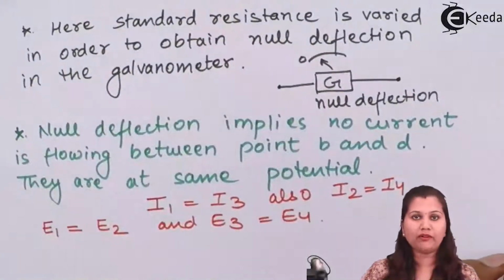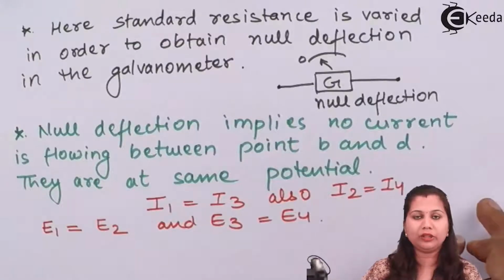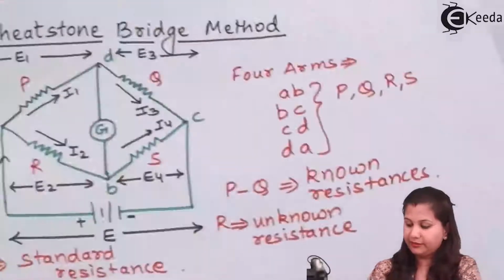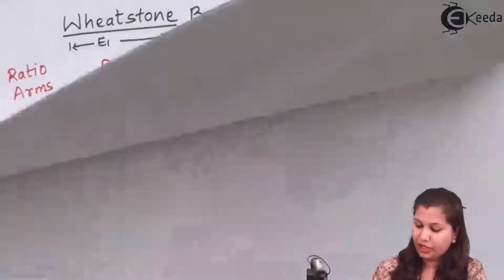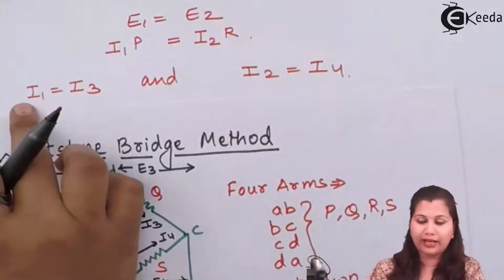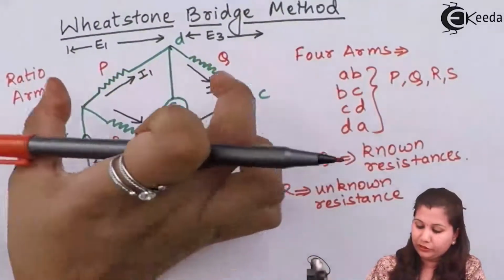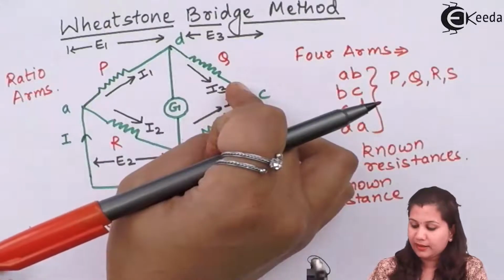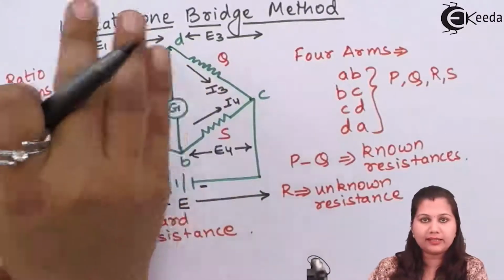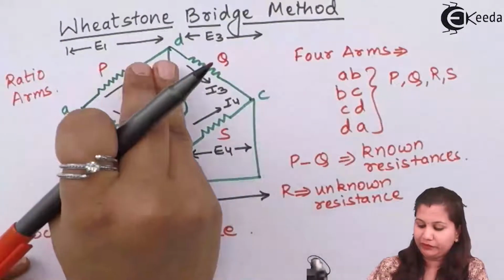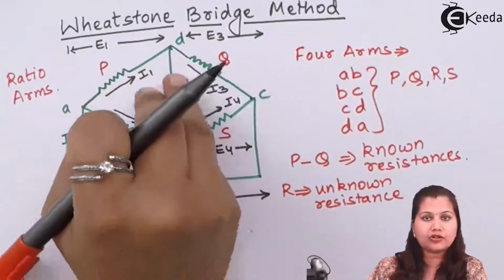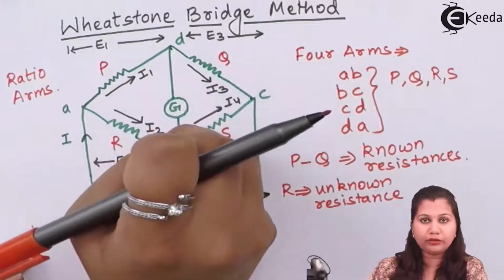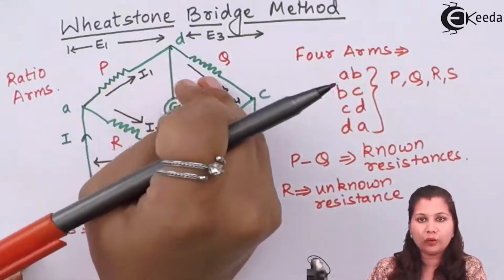We know Ohm's law, V equals IR, so I will be equal to V by R. If we see in that figure of the Wheatstone Bridge, I1 will be the total voltage drop upon the total resistance, because this point D is inactive, as we will treat the galvanometer like an open circuit, since no current is flowing through it.